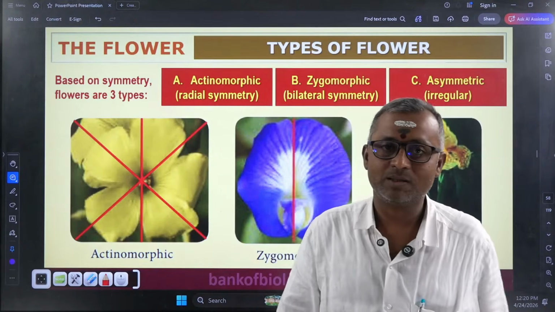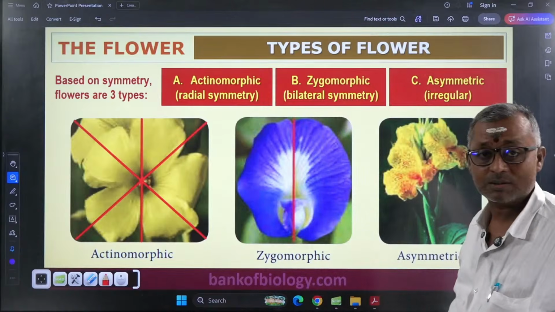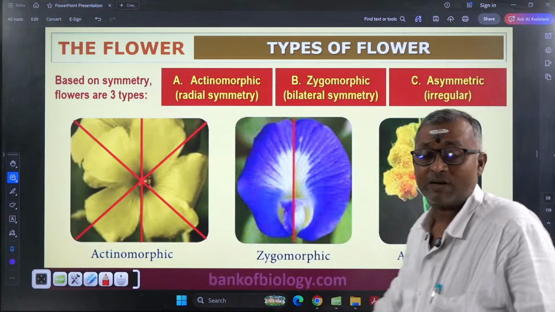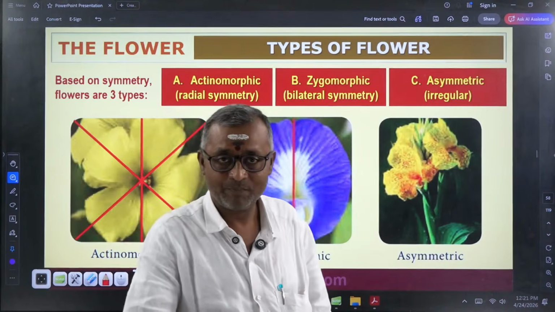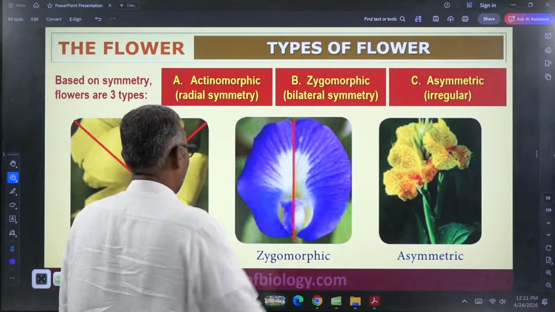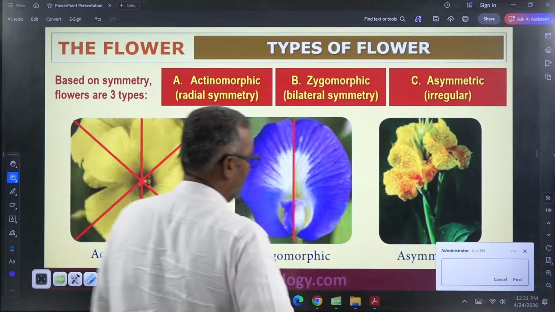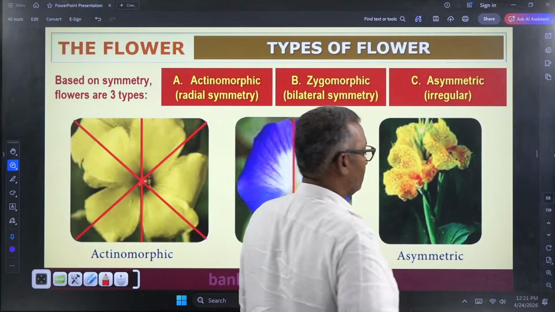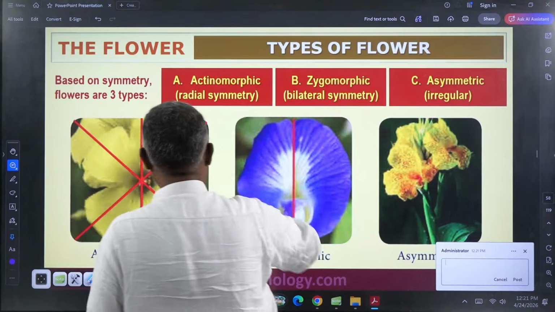It is very common in South India. So these are some important examples. Similarly, for asymmetric flowers we have examples like Canna indica. So these are some important examples with respect to different types of flowers.